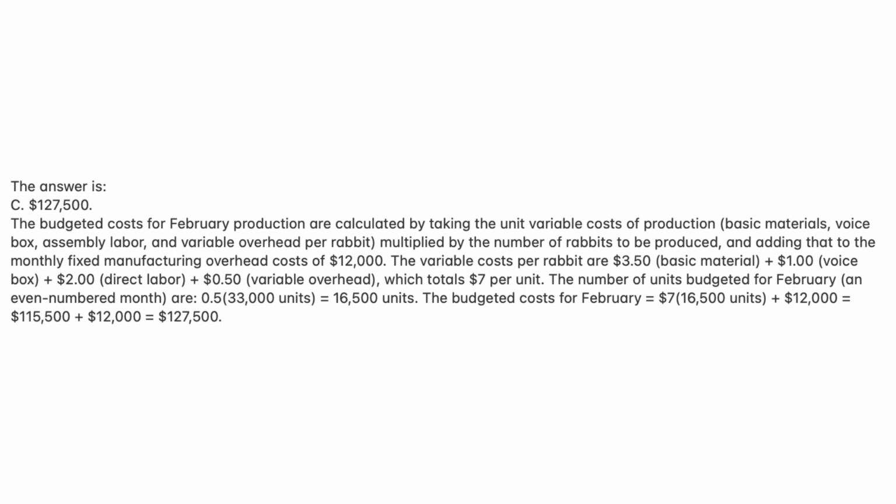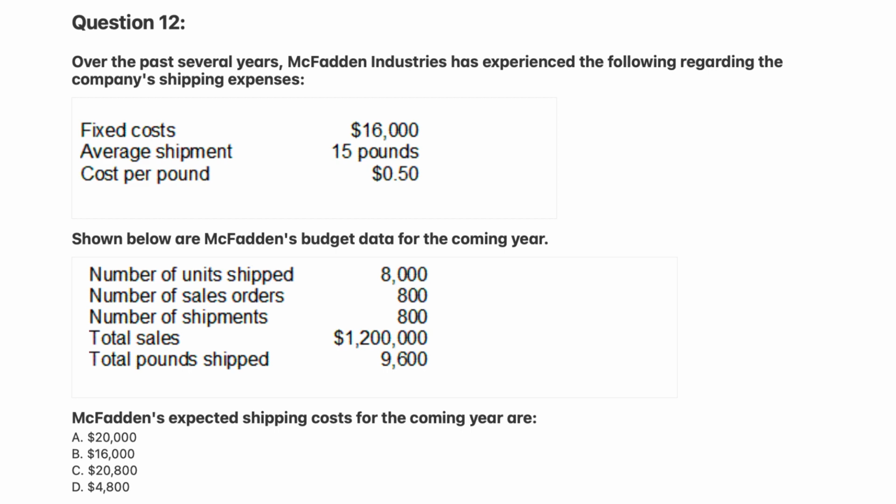The budgeted costs for February equal $7 times 16,500 units, plus $12,000, equals $115,500 plus $12,000, equals $127,500.